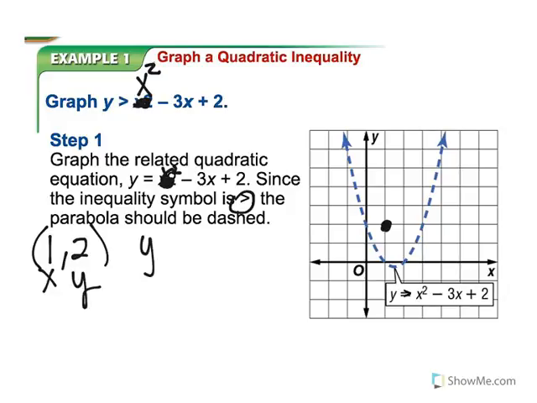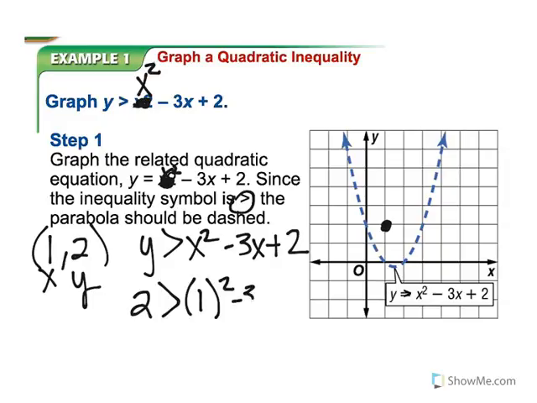And I have y is greater than x squared minus 3x plus 2. So I'm going to plug in 2 for y, greater than 1 squared minus 3 times 1 plus 2. Now, if I get a true statement, that means that this point is true and that's where I shade. Now, if it's false, that means I'm going to shade on the other side of my graph.